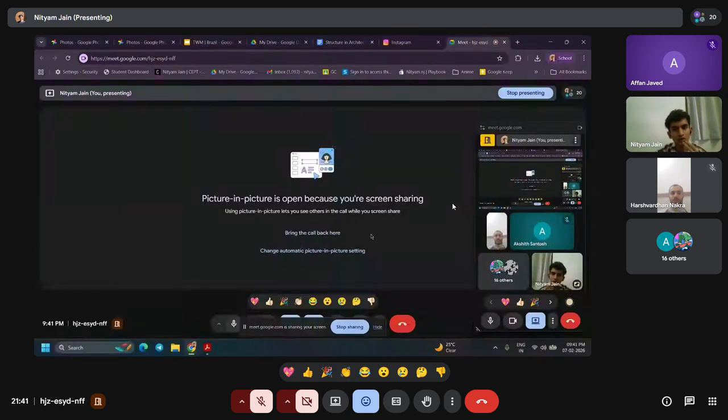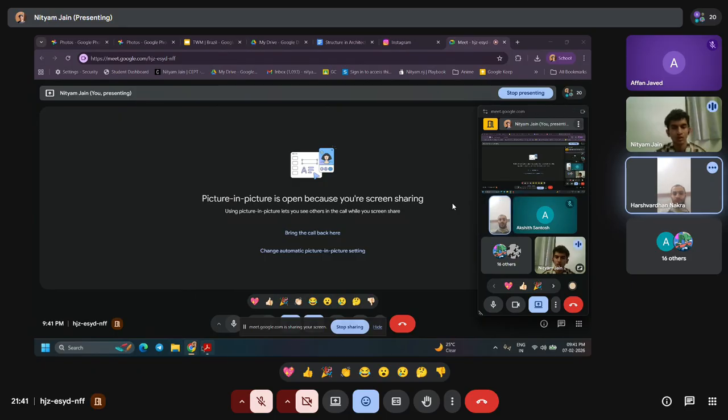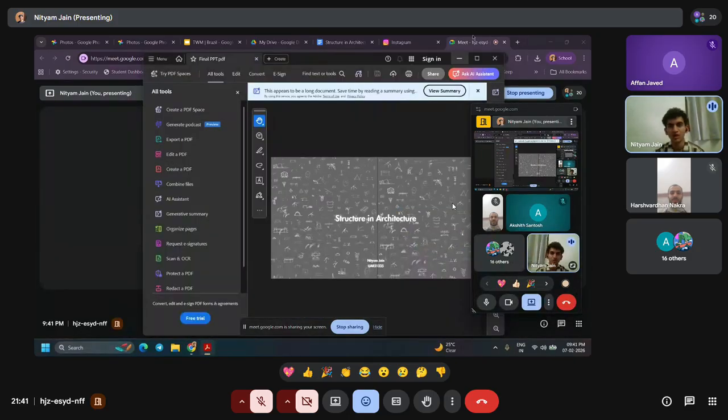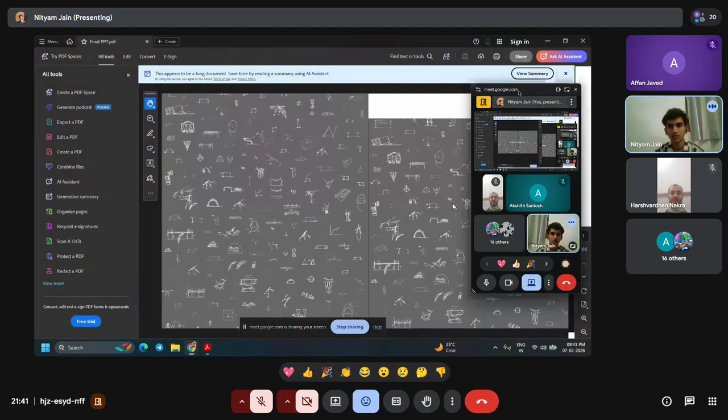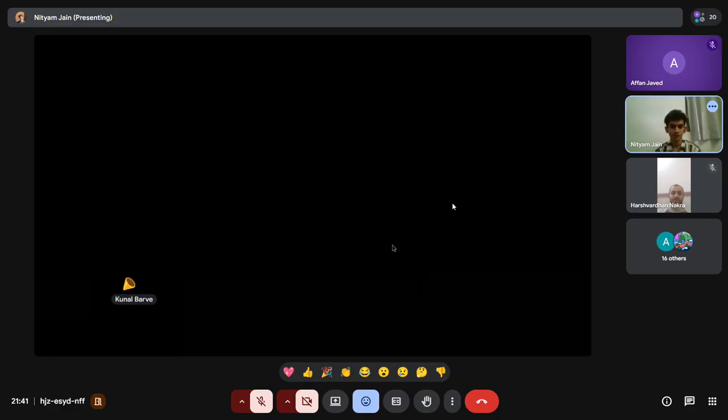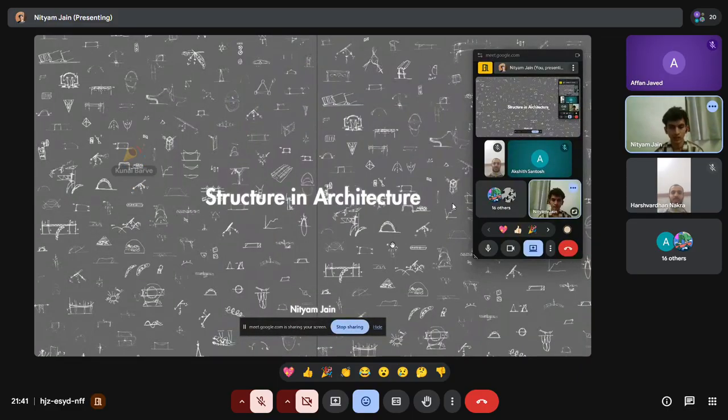Can you guys see it? Yeah, your screen is visible, Nityam. If it's okay for other people to turn on their cameras, I can also understand how it's going. Can you just minimize that screen of Meet so that students can see the presentation completely? Okay, now it's fine, I guess. Yeah, perfect.